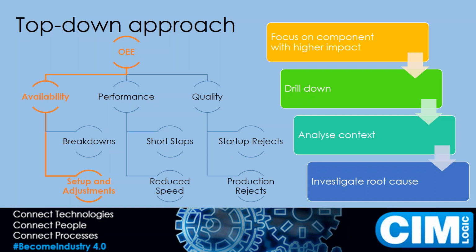And then we can go again to that continuous improvement process that I've mentioned, take action, and then measure again, and continuously improve and address other issues that we might have. So first of all, we try to focus on the components with higher impact, and then, having solved that problem, we can move to the next one in a continuous improvement cycle.